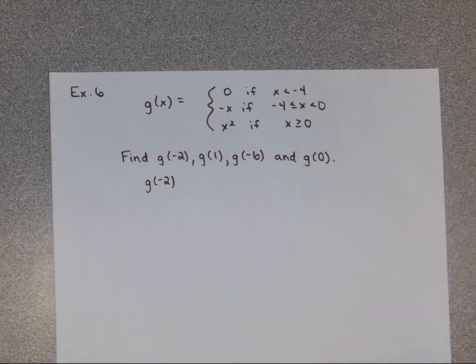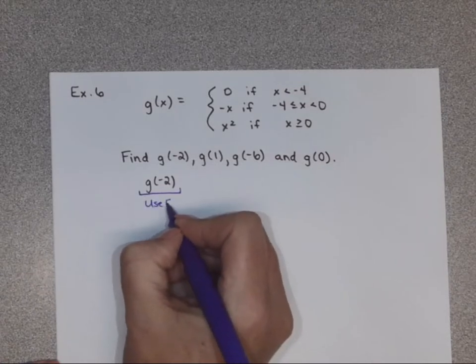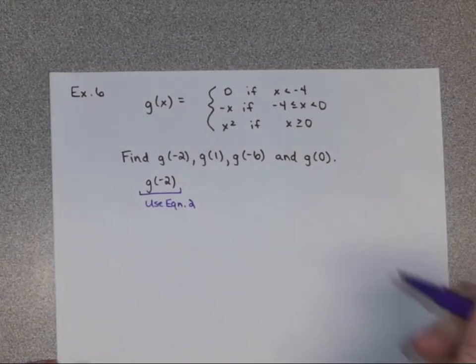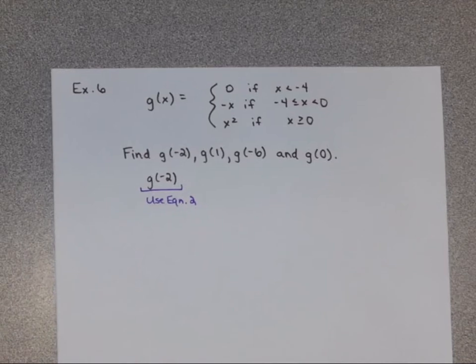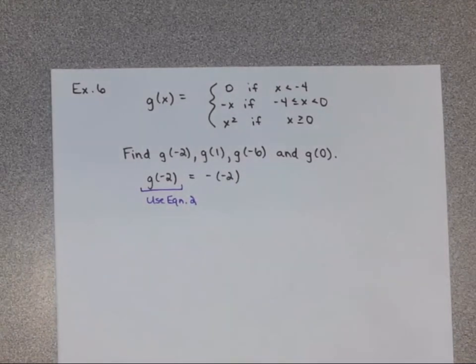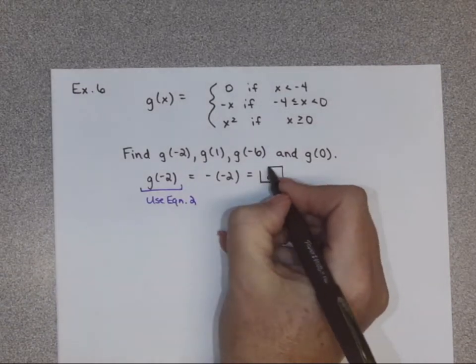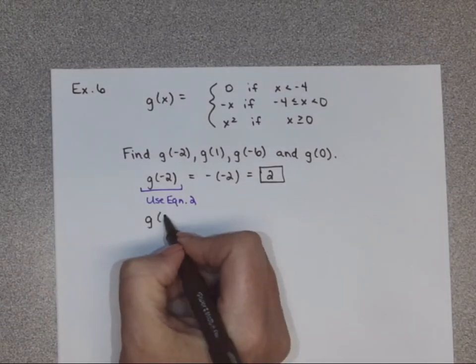So which equation should we be using then? Equation 2? Okay, so we use equation 2 and it's pretty simple, right? It's going to be negative and then -2. So notice the equation has a minus sign in it, but then the x we're plugging in is negative. So what is a -2? Positive.